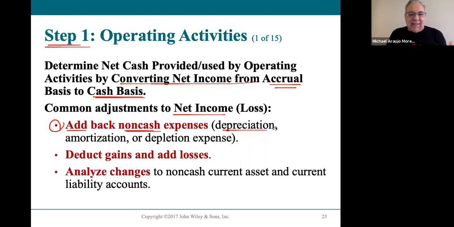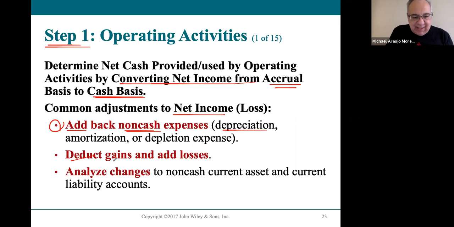We pay for it at that time. We can depreciate it over time as an expense, but that expense literally doesn't take any cash. We're not cutting a check for depreciation each year. We're simply entitled to depreciating that asset that we bought earlier. And so we add it back to net income because it's a non-cash expense.